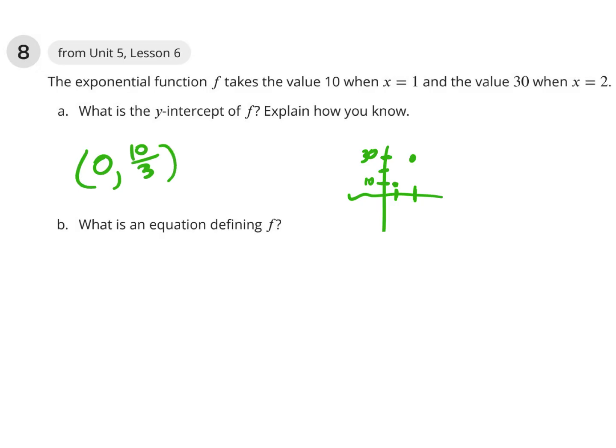So our start is 10 thirds times 3, because it's tripling, to the x. Y equals, or f of x. So let's say f of x, because they say function, and to write it in function notation, we write f of x equals that. And there you go.